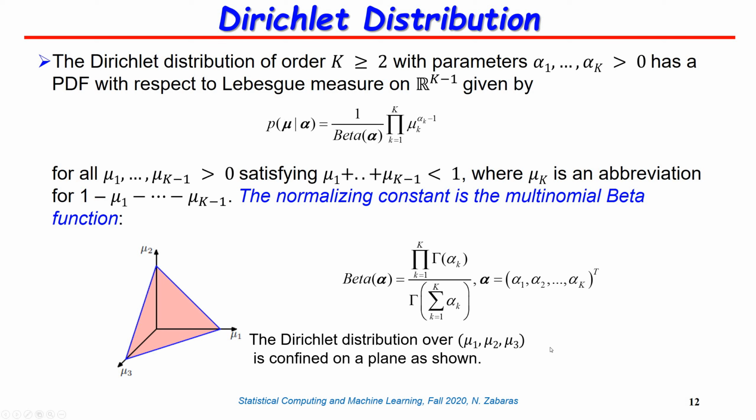Okay, so let me start doing some algebra with the Dirichlet distribution, and I'm not going to give you all the details, but I'm going to try to highlight enough details so that when you go home you can read those slides and reproduce these derivations on your own.